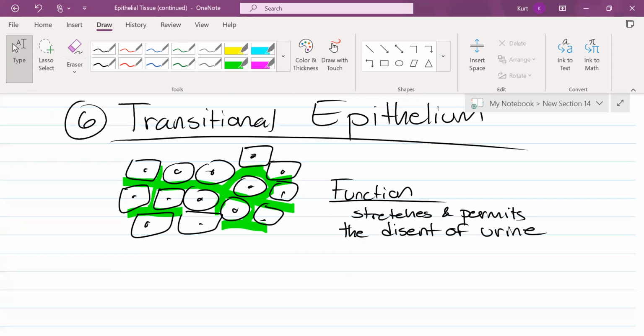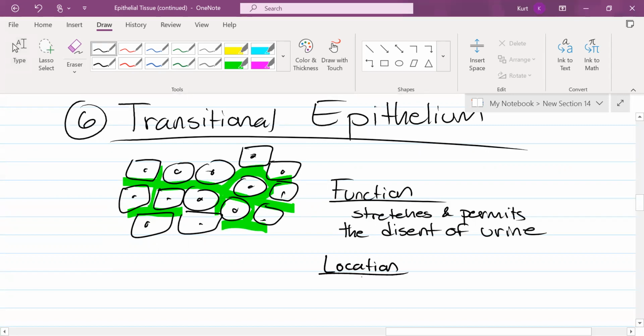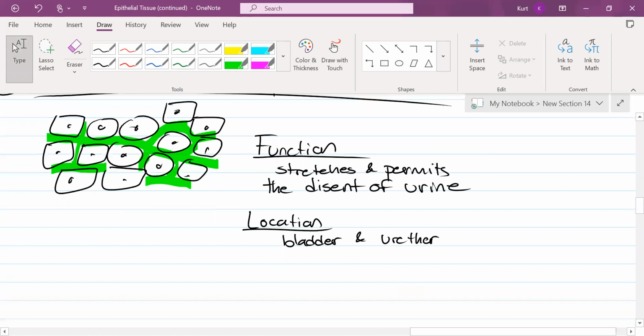What structure would you expect to be composed of transitional epithelium? Eva? Your bladder. And what is your pee hole called? The urethra. The bladder and the urethra. Guys, when your urethra has no urine going through it, it's like airtight. But when it actually has urine passing through it, when you're going to the bathroom, it opens up, it stretches. That's thankfully because of the ability of transitional epithelium.